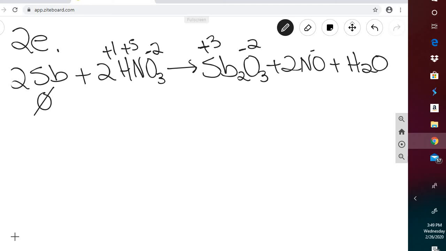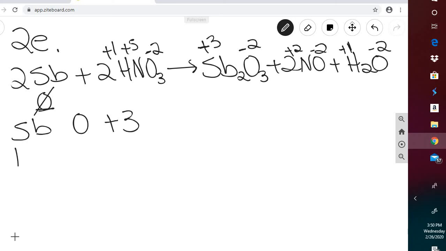Okay, we don't have a rule for nitrogen, but we know that oxygen is -2 usually, and so that nitrogen needs to be +2. We know hydrogen is +1, and that would make the oxygen -2, which we know it usually is anyway. Okay, so if you look at the antimony, it went from 0 to +3.